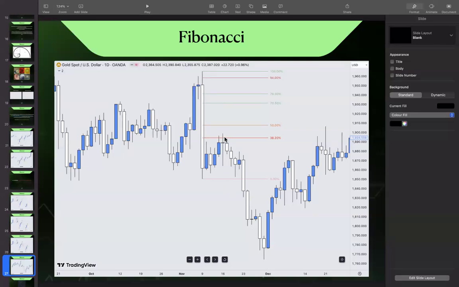But the other thing that I've noticed was price will always come back, grab the 50%, liquidate anybody that got in on this fast move, and then carry on. I'm not sure if it happened in this scenario when I screenshotted it, but it is up to you. I just want to make it available to you as well. You can also follow the 38.2%, but this would be the first and the last time I speak about it. If you want to know more about the 38.2, I'm sure you can find information on it somewhere within YouTube.